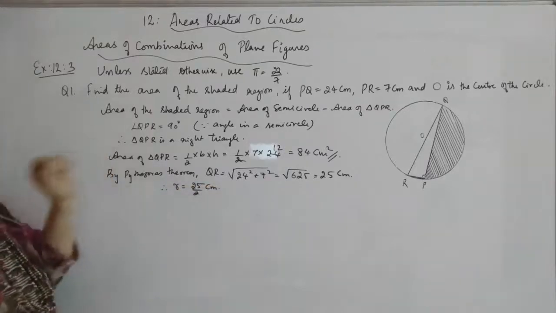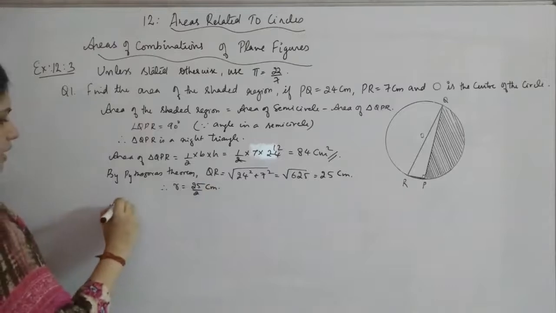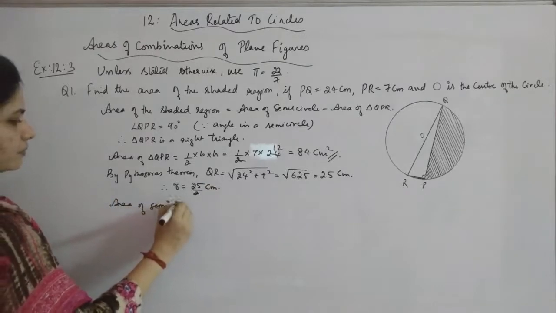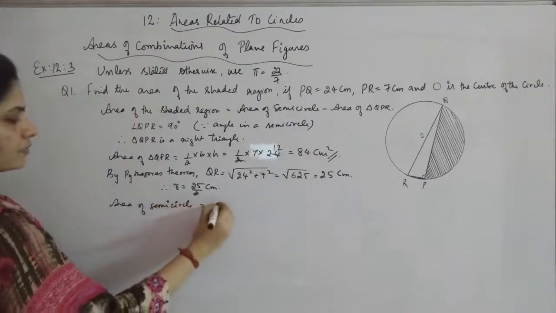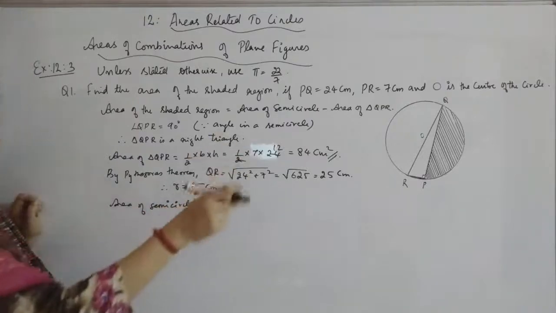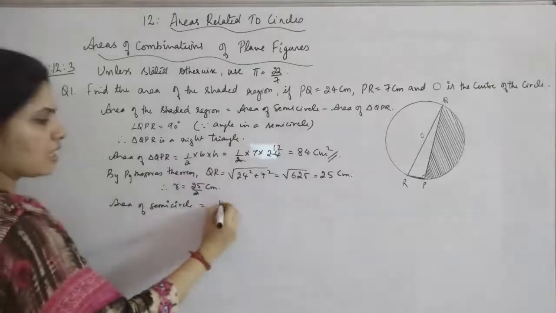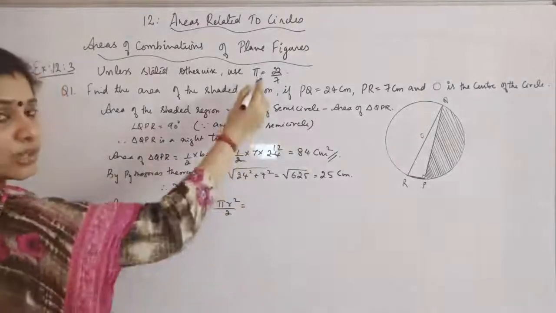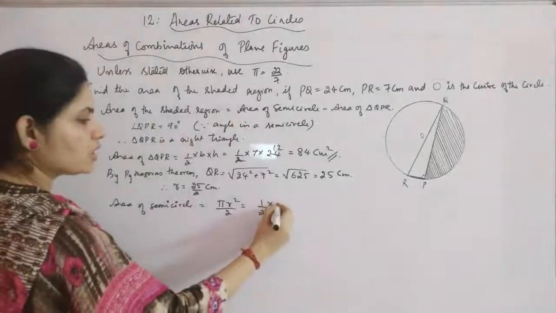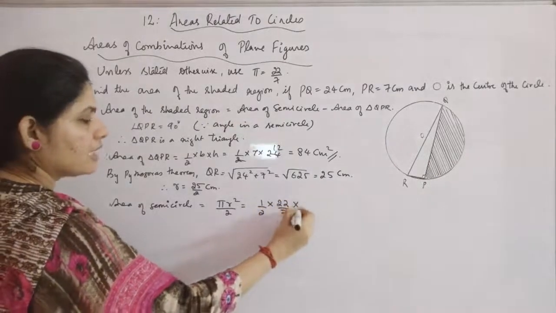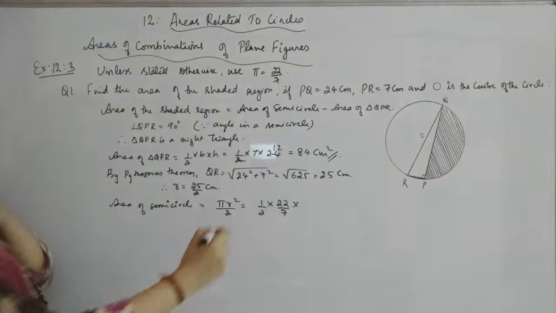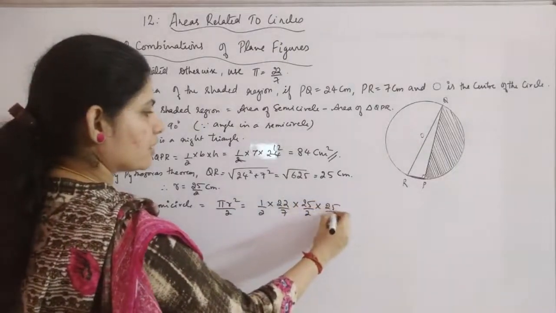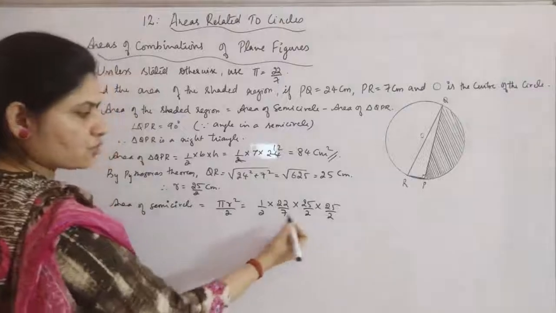Now we will be finding the area of the semicircle. Therefore area of the semicircle is equal to half the area of the circle, that is pi r square by 2. Pi you can take as 22 by 7. So 1 by 2 into 22 by 7 into r square. R is 25 by 2. So you will get 25 by 2 the whole square, that is 25 into 25 by 2 into 2 in the denominator.